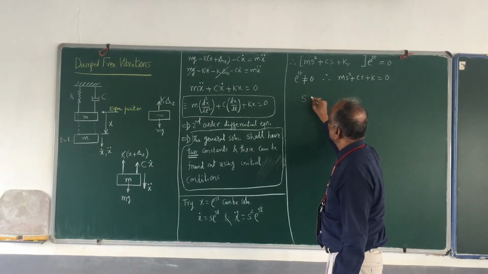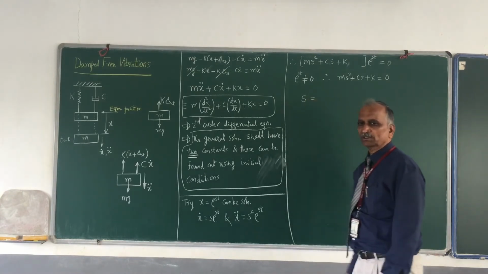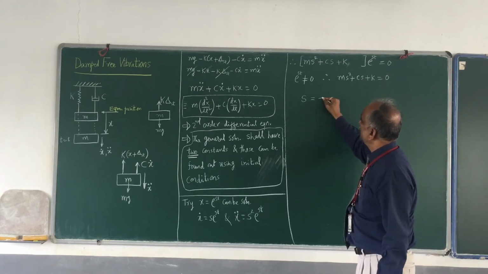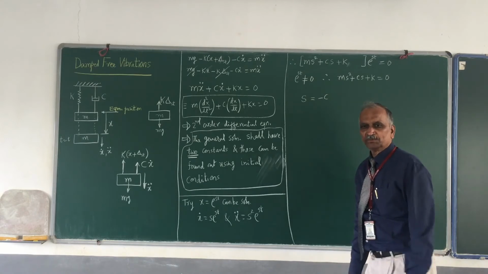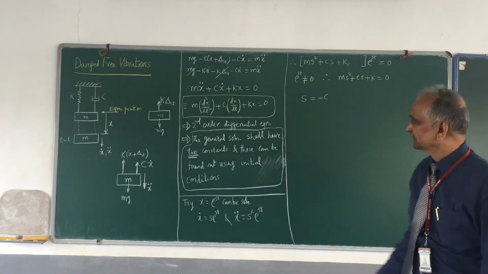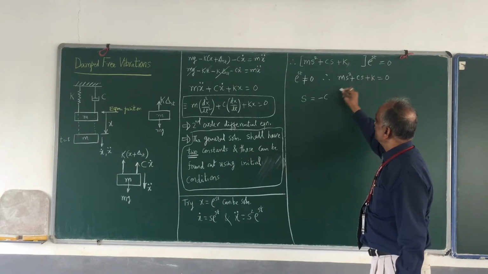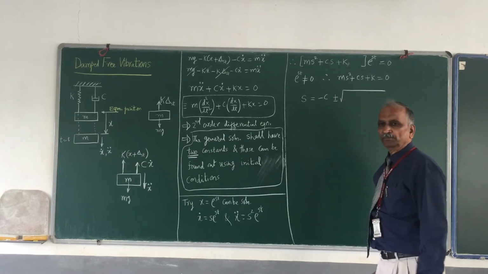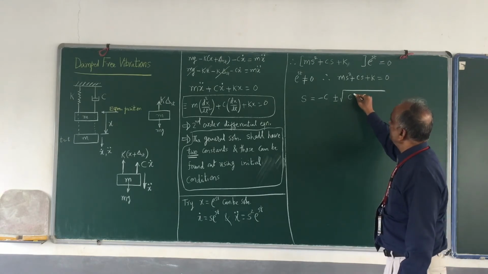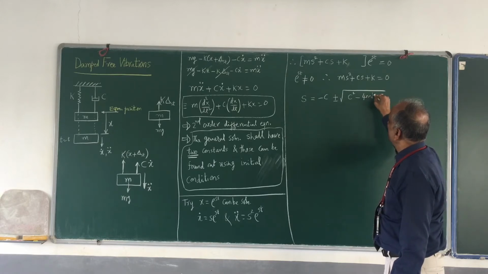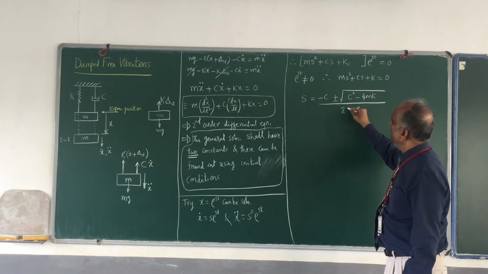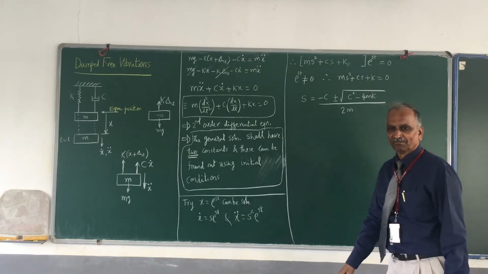So s is equal to minus b, that is minus c, plus or minus square root of b square, that is c square, minus 4ac, that is 4mk, the whole thing divided by 2a, that is 2m.